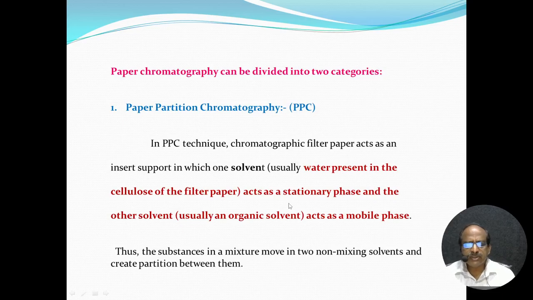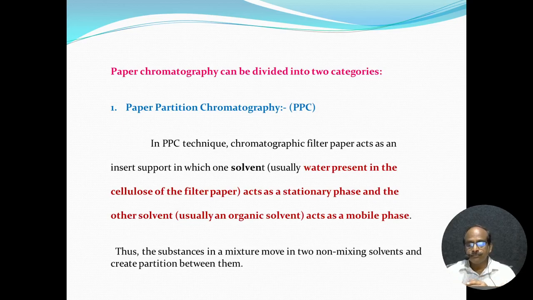What is the paper used in paper chromatography? It is not ordinary paper. Every paper contains cellulose layers, no doubt, but in paper specially made for this technique, each cellulose layer contains tiny water particles.